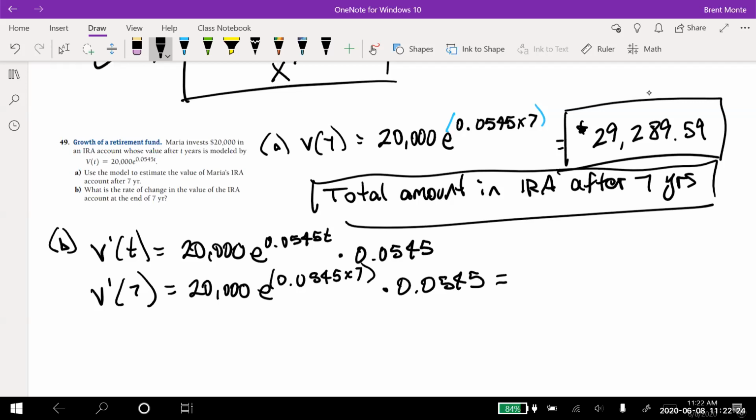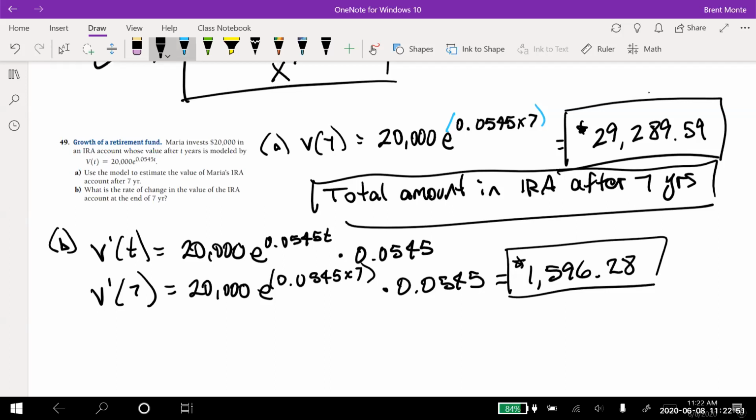And then times 0.0545. And think about what's happening, and let me show you. The answer I get, again, rounded to 2 decimal places for the nearest penny, 1,596.28. So 28 cents. Now, think of what's happening here.